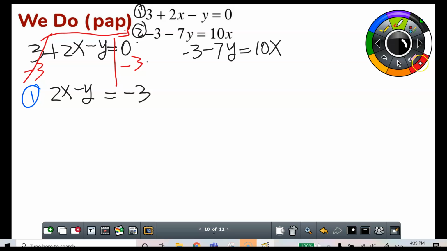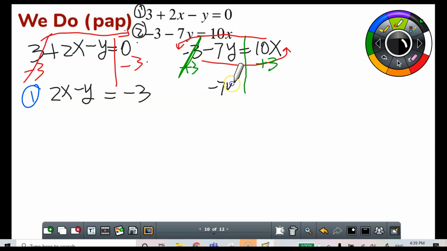And this time, I want the x to be on this side and the single number to be on the other side. So what are you going to do? You move the -3 to the other side by adding 3 on both sides. So this is gone.